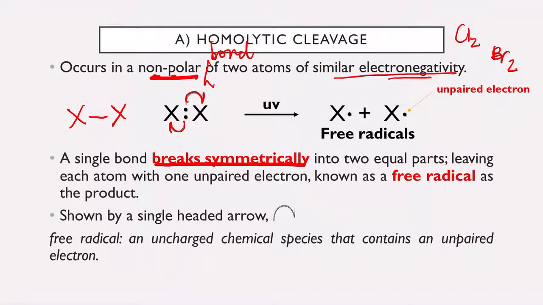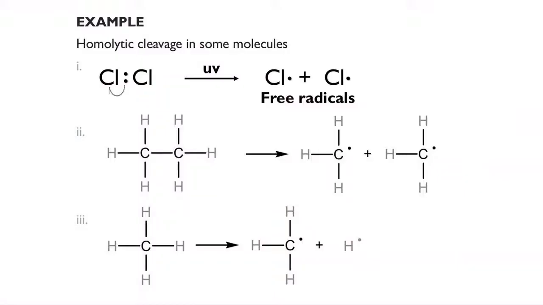Alright, so that's homolytic cleavage. So these are examples of the molecules that will undergo homolytic cleavage. The first one you already saw. So the Cl2 undergoes homolytic cleavage and you will get free radicals, chlorine atom free radicals.